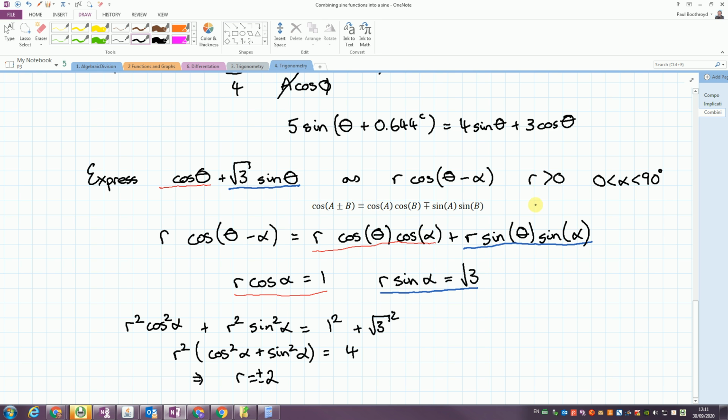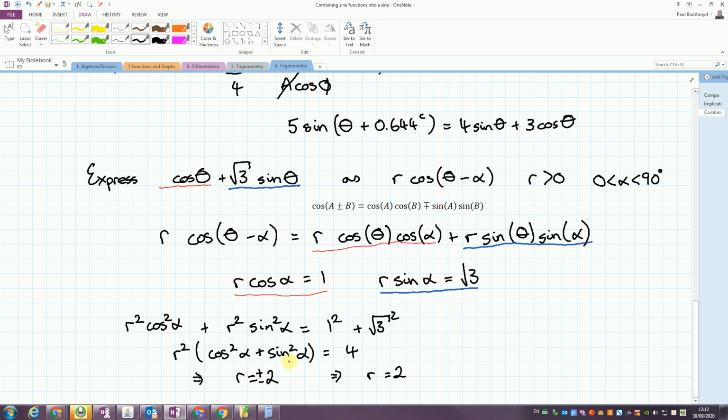Because of the restriction they gave us at the top, r is positive, we want r to be 2. So that's me being particularly horrible and pernickety about the way I'm doing it, to say r must be 2. Remember that there are two solutions from the square root, so I had to choose the positive one.